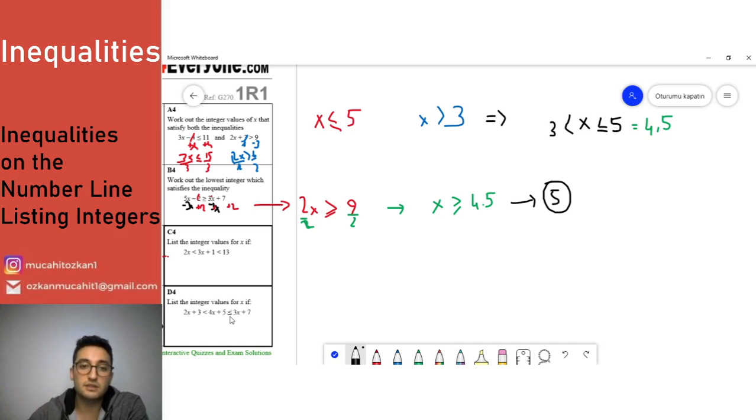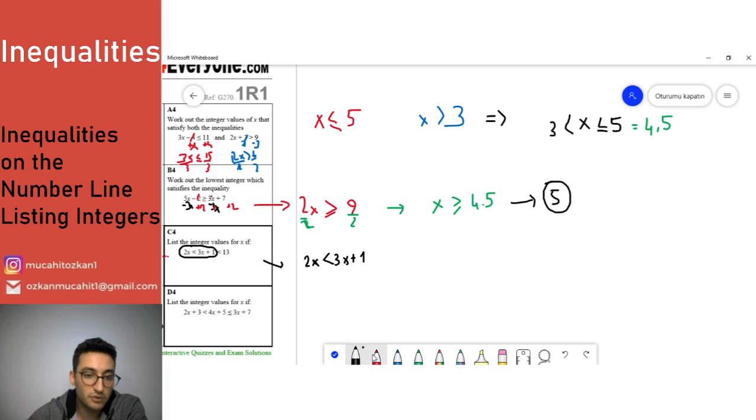In these cases, I need to split the inequality into 2 parts. Let me show you how. I'm gonna copy the same question here. I'm just gonna use the same numbers, but I will split them here.